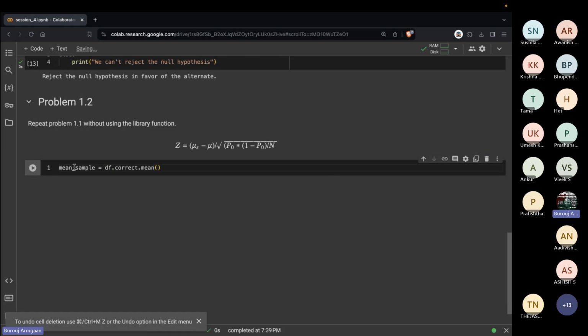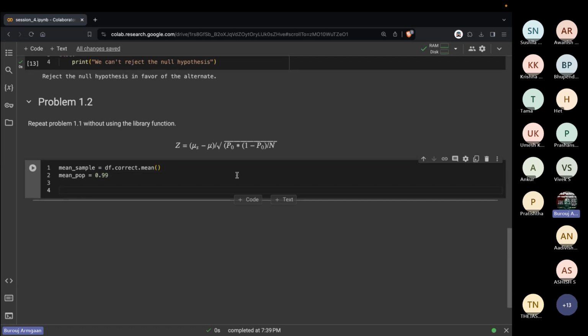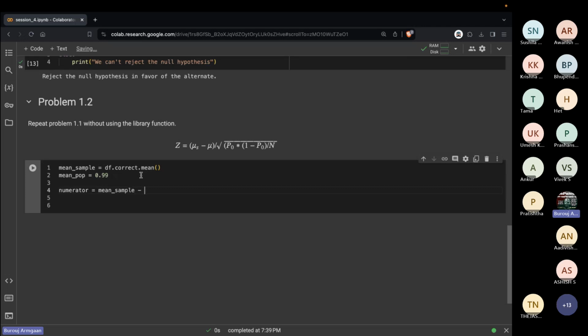0.95, yeah. So we have the mean of the sample, and we have the mean of the population, which in this case will be 0.99. This is the mean, yeah, probability, and this will be the same in this case. So the numerator will be the mean of the sample minus the mean of the population.